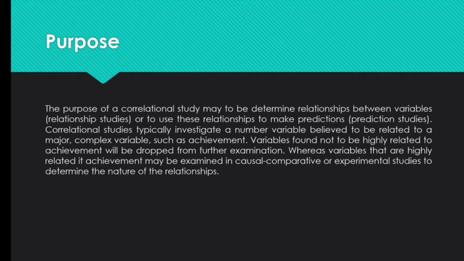Variables found not to be highly related to achievement will be dropped from further examination, whereas variables that are highly related to achievement may be examined in causal comparative or experimental studies to determine the nature of the relationship.